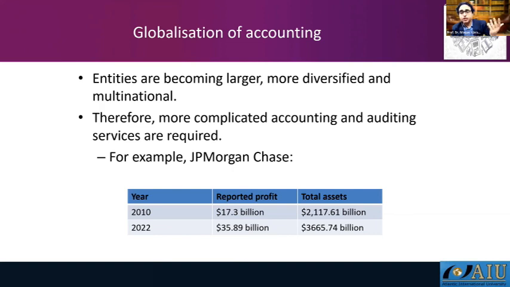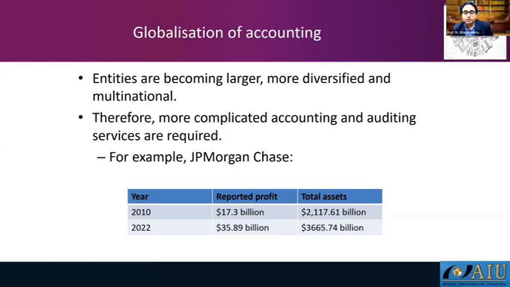And all the big companies, I give you the example of JP Morgan Chase, which is arguably the biggest bank of the United States. In 2010, their profit was 17 billion. Their assets were nearly around 2100 billion.